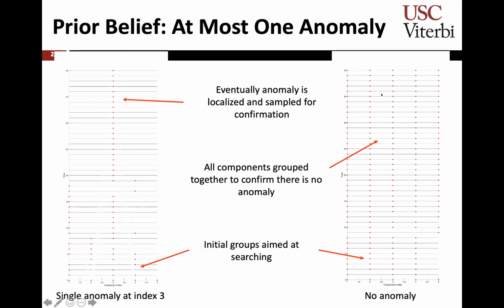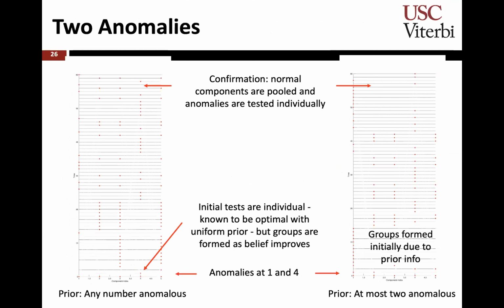If you look at the right-hand side of the slide, here's a scenario where, in fact, we have designed things under the assumption that at most one individual is sick, but in fact, nobody is sick. And so what happens there is you end up testing the entire group over and over again to confirm the fact that nobody in this population is sick. Now we can change things to have multiple anomalies. We can also change things to give each individual a different prior probability of being sick or not sick.